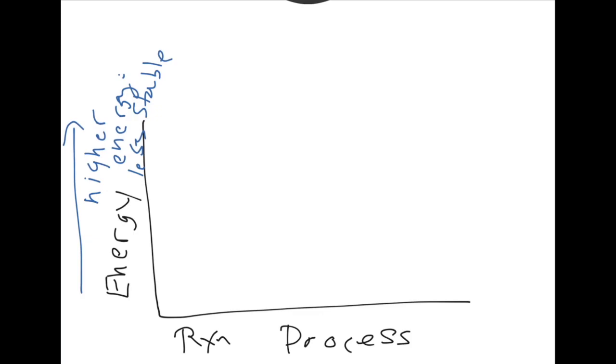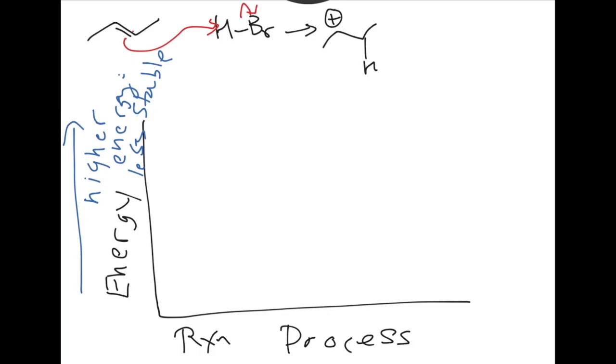Right, so we have our reaction. See if I can get it all to fit in here. Right, we add to our hydrogen, push electrons over. We get our product.